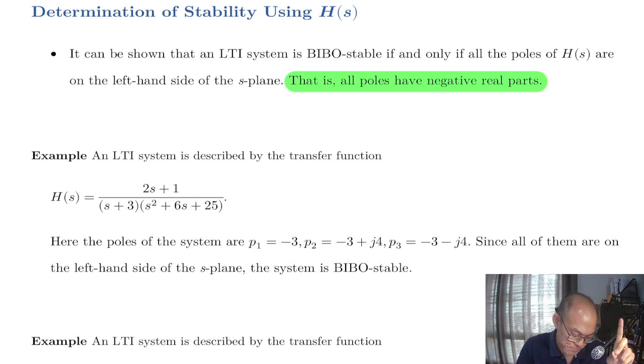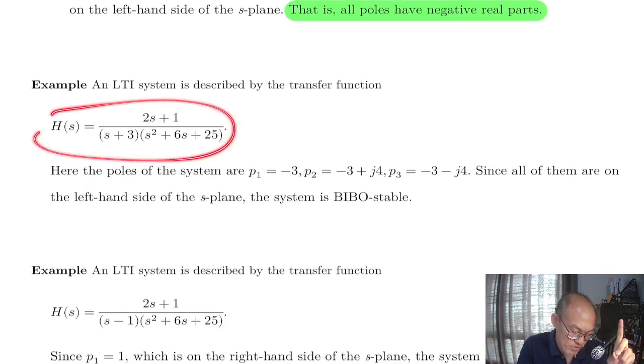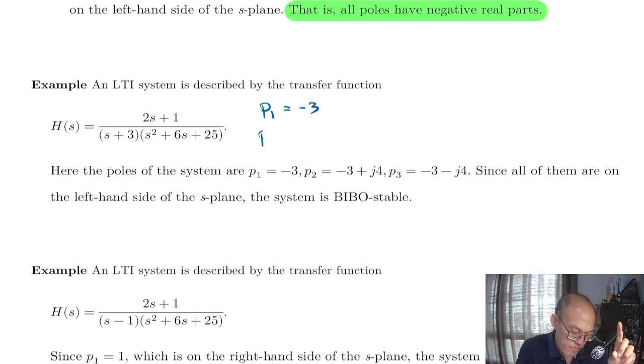For example, a system is described by this transfer function, and the poles, how many poles are there? 3 poles. The first pole is at -3. The second pole is at -3 plus j4, and the third pole is at -3 minus j4.